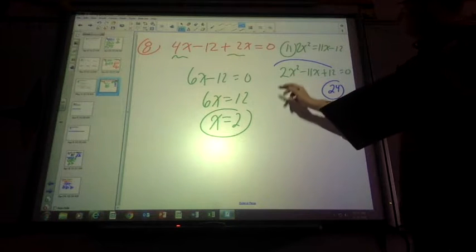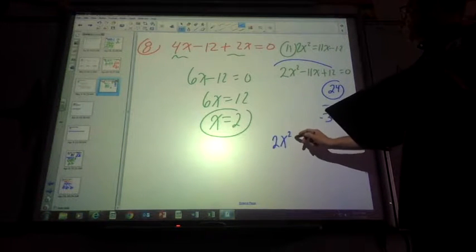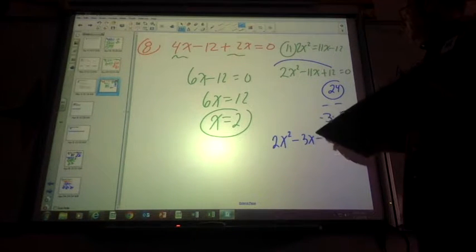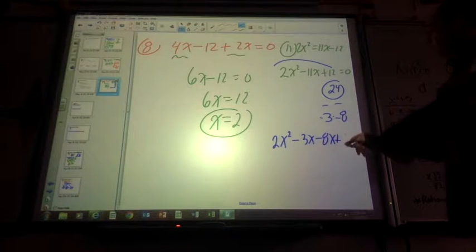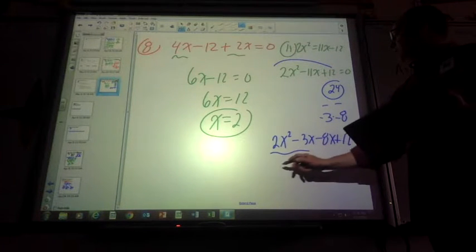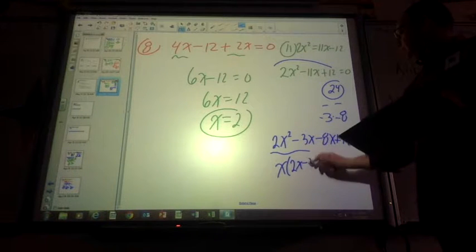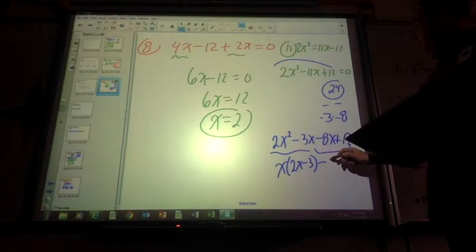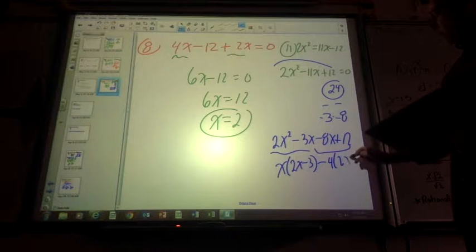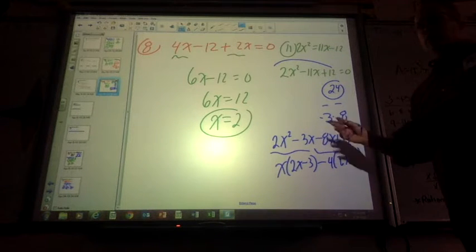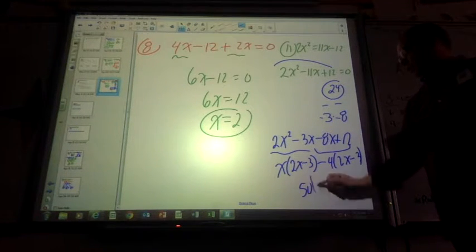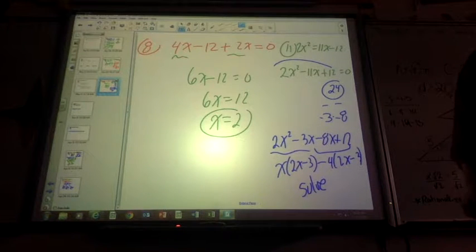Give me the negative 11, so that's going to give me 2x squared minus 3x minus 8x plus 12. Factor an x out. Factor a negative 4 out. And then solve it. It's not solved yet, but set each thing equal to 0.